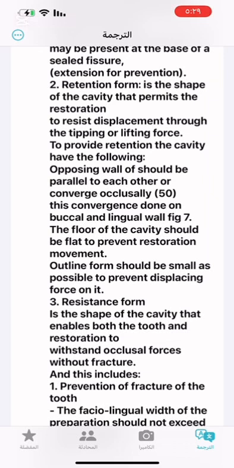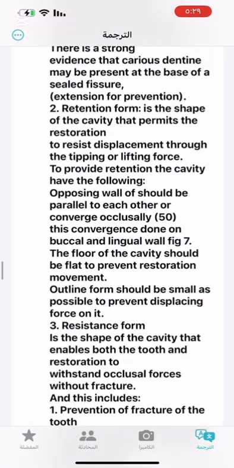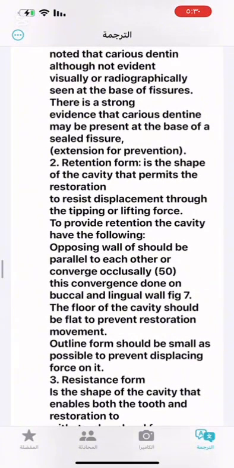Opposing walls should be parallel to each other or converge occlusally; this convergence is done on the buccal and lingual walls, Fig 7. The floor of the cavity should be flat to prevent restoration movement. Outline form should be as small as possible to prevent displacing force on it.